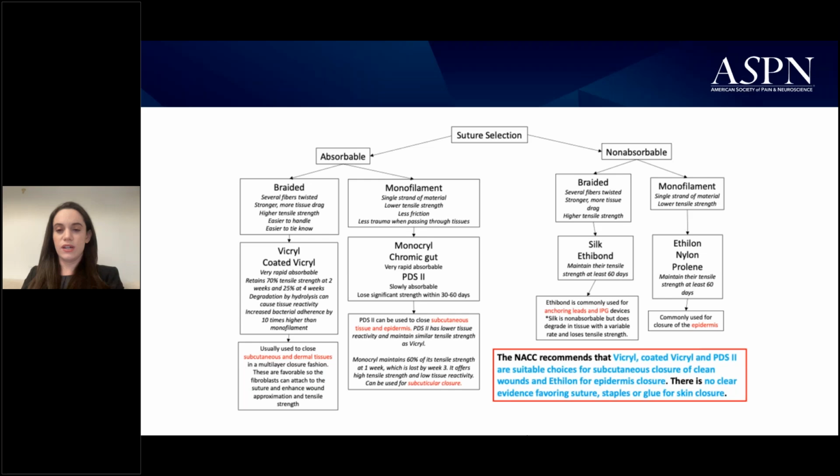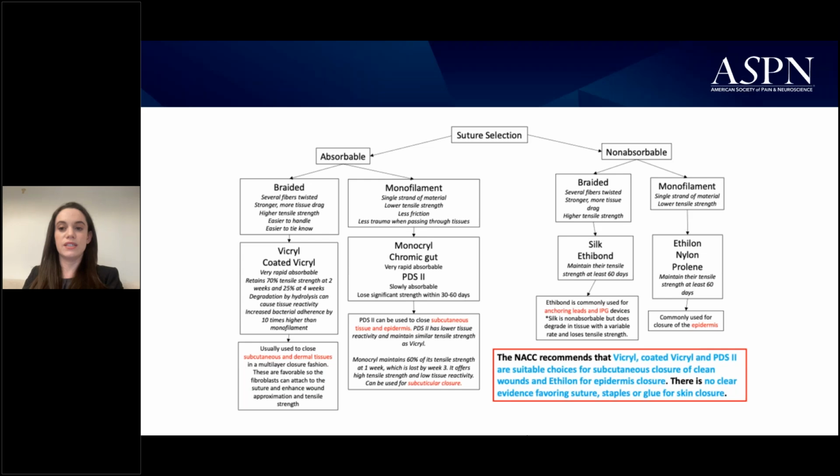So sutures also come in both absorbable and non-absorbable variety. And both of these options have braided, which are higher tensile strength, and monofilament, which are less tensile strength. And our braided suture is going to encourage fibroblastic proliferation.